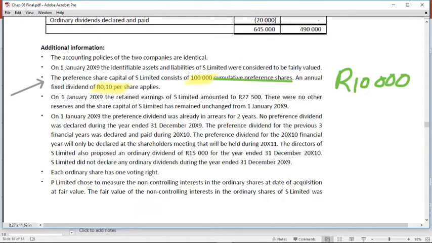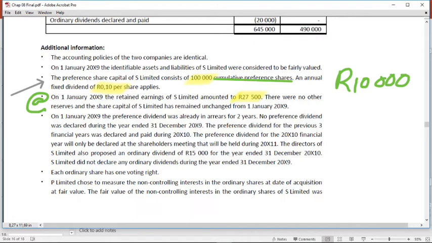Keep that in mind when you think back of the preference dividend amount declared on the trial balance of S, which was 30,000 Rand. At acquisition date, the retained earnings of S amounted to 27,500. There's a change compared to 8.1. No other reserves and the share capital has remained unchanged.